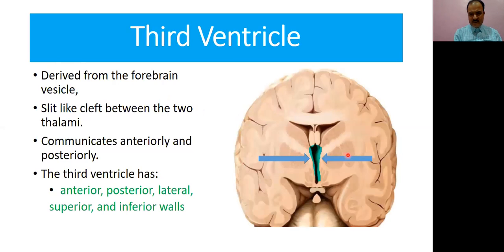It communicates superiorly with the lateral ventricle through the interventricular foramen of Monro and posteriorly with the fourth ventricle. The third ventricle has an anterior wall, posterior wall, lateral wall, superior wall, and inferior wall.